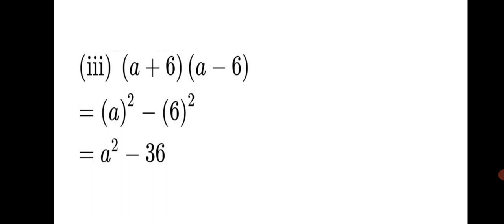In place of a we have just a here, so a square, and in place of b we have 6, so we'll write minus (6) the whole square. Okay, using the formula, now we will open the brackets. A square minus 6 square is 6 into 6, 36. So your final answer for (a plus 6) into (a minus 6) is a square minus 36.